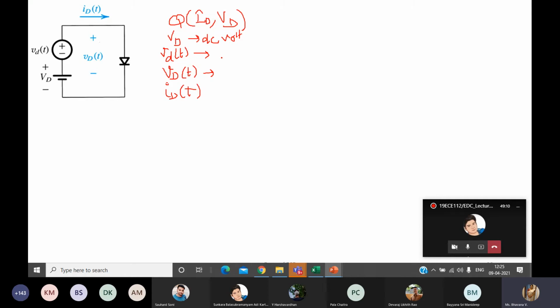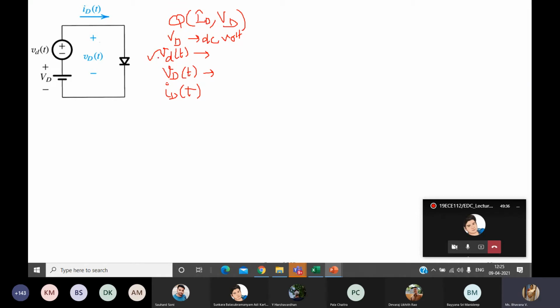Full stop. Time varying signal small vd of t, having a triangular waveform, is superimposed on the DC voltage capital VD.